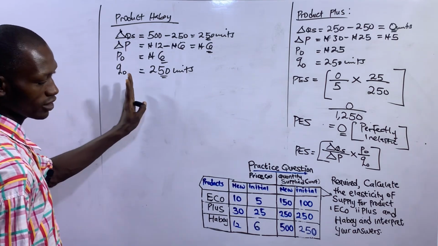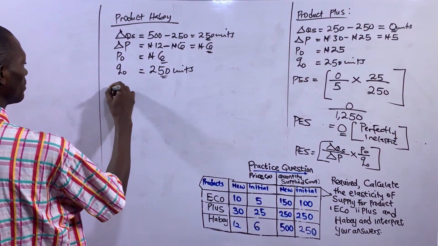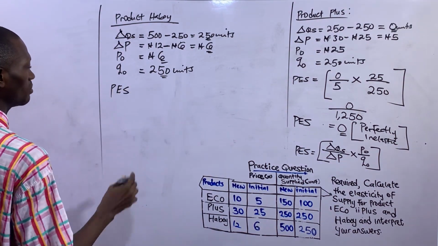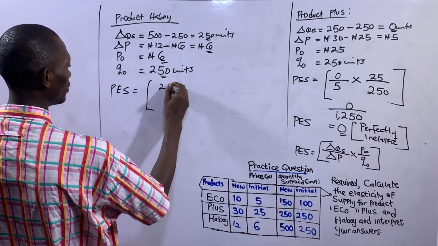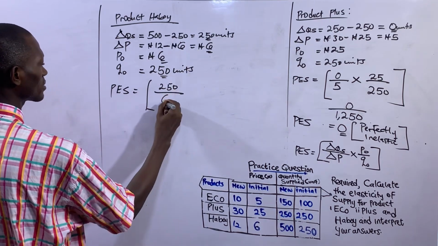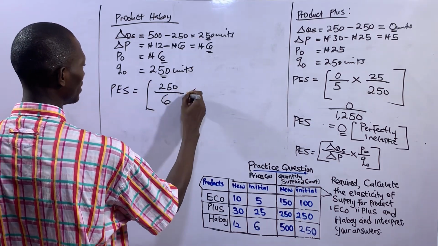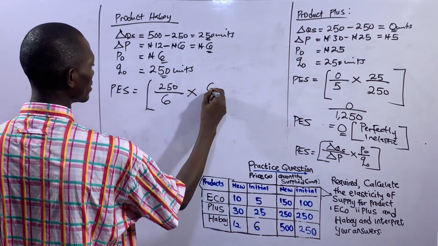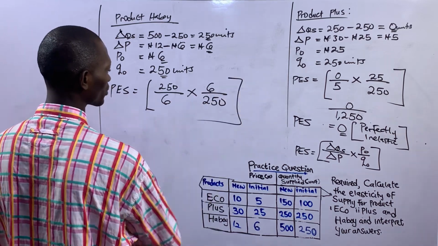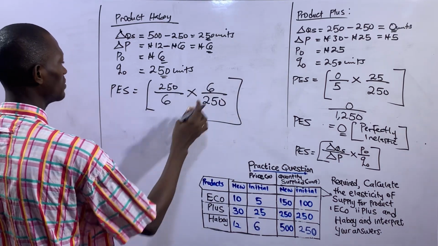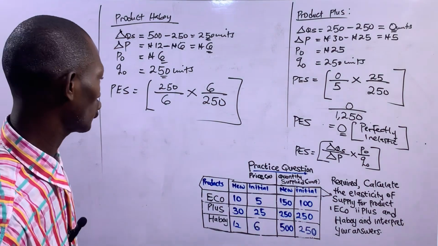So now that we've gotten all these variables, let's get our price elasticity of supply coefficient. So here we have 250 divided by 6, which is the change in price, times the old price is 6. So old quantity is 250. So 250 times 6, I have to be sure here.